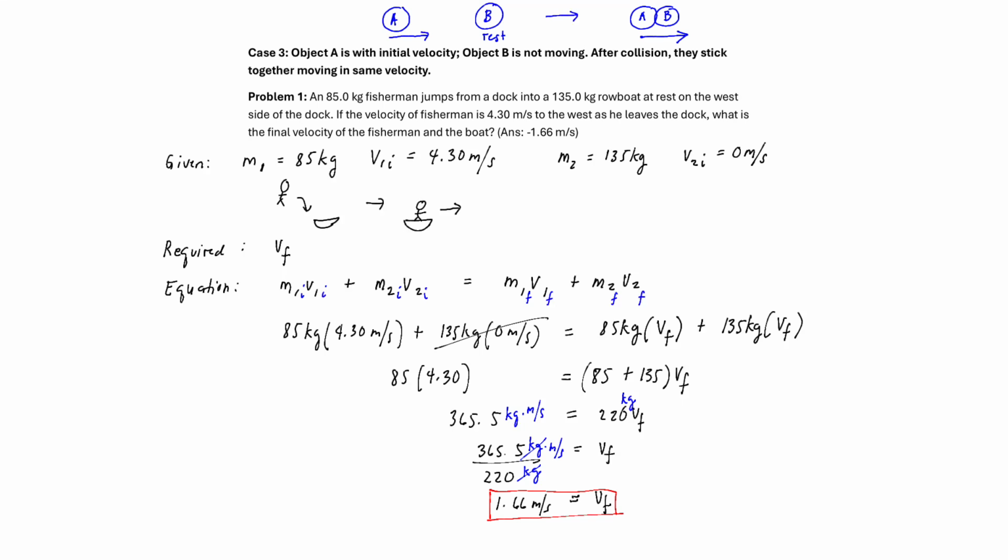It helps to know that the required is the VF, and the unit for that would be meters per second. Now notice that in this problem, we can solve for the velocity using the momentum formula, and if we are asked for the energy conditions, we're going to use the kinetic energy formula.